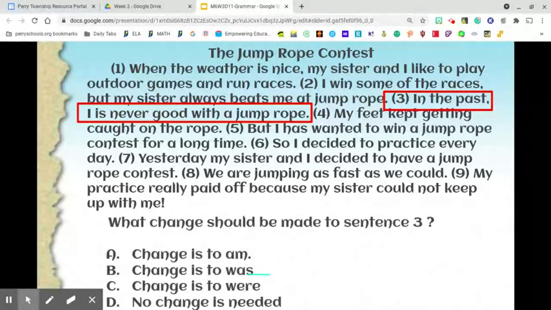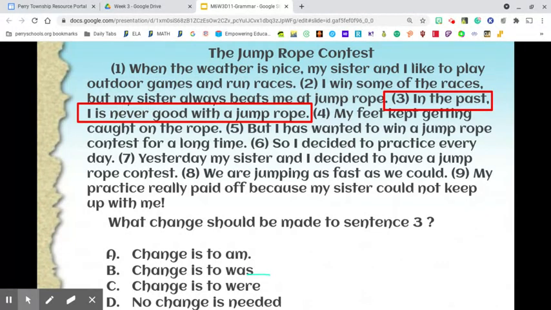So, what changes need to be made to sentence number 3? In the past, I is never good with a jump rope. Are we going to change is to am, change is to was, change is to were, or no change is needed?